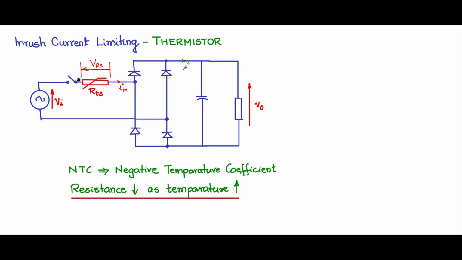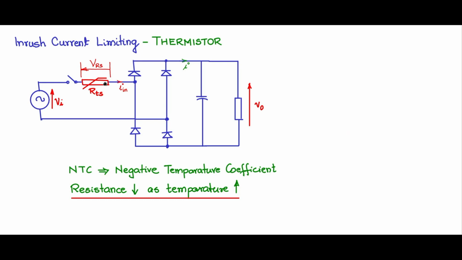There is a current flow through this and a drop across this. So as this dissipates, RTS will start becoming hot, and as the temperature rises, the resistance will start reducing, and it will reduce to a point where the power dissipation becomes very low.